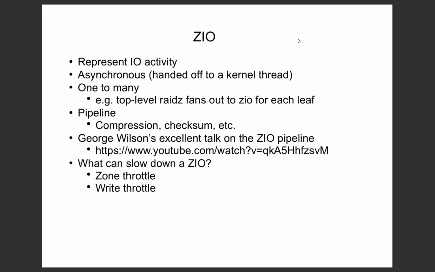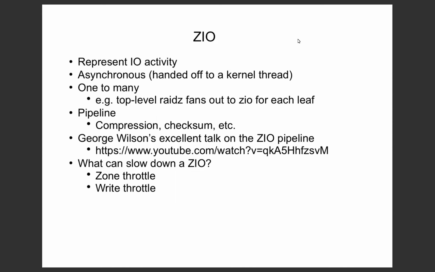The reason is, first off, it's asynchronous. When the system decides, okay, you've done a read and I don't have it in the ARC, so I have to go get this off of disk, that read gets handed off to an asynchronous kernel thread. So all of a sudden you're disconnected from the thread that initiated the read at the application level.